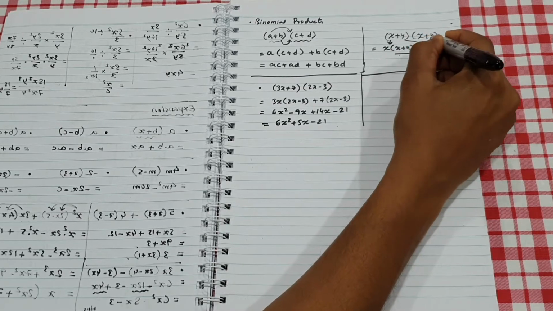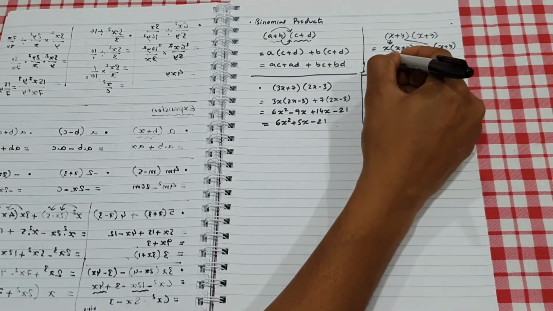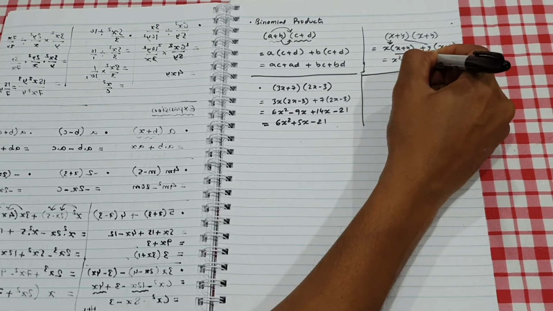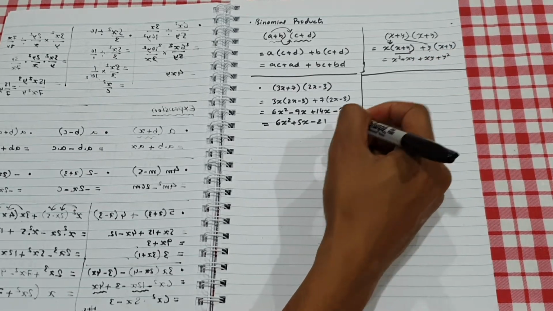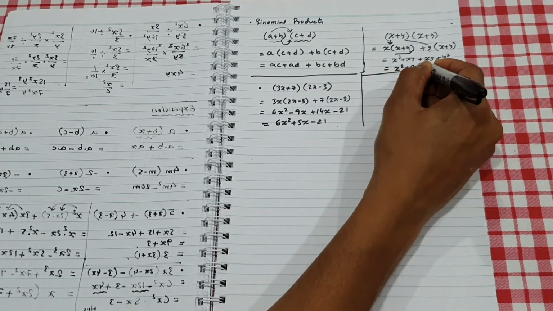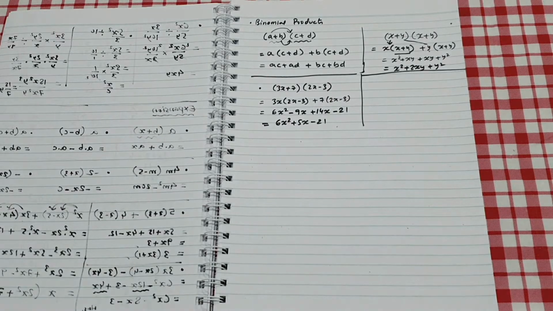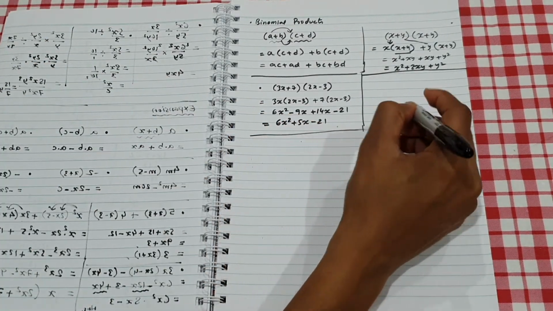This is y times x plus y. So we get x squared plus xy plus xy plus y squared. Any simplification? Yes. x squared plus 2xy plus y squared. Now this is a special binomial product that we will learn about a bit later, but the process remains the same.